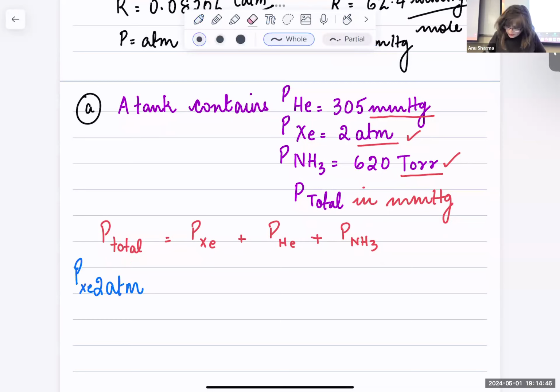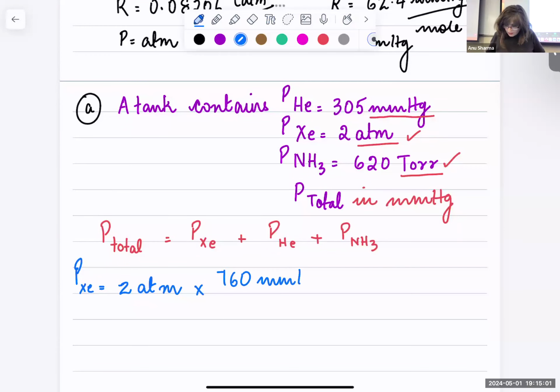We need to convert it into millimeters of mercury because they want the answer in millimeters of mercury. So 2 atm multiplied by 760 millimeters of mercury over 1 atm. What do you get here? 1520 millimeters of mercury. It's very important that you write the units.